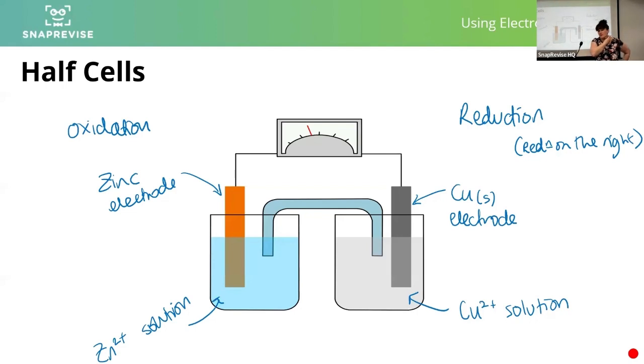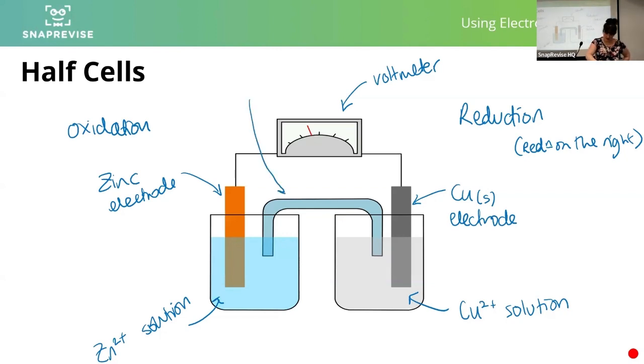What else can I label on this diagram? You don't need to label beakers or wires, but what's this thing likely to be? It's going to be a voltmeter, useful for measuring the electromotive force, the EMF of the cell as a whole.